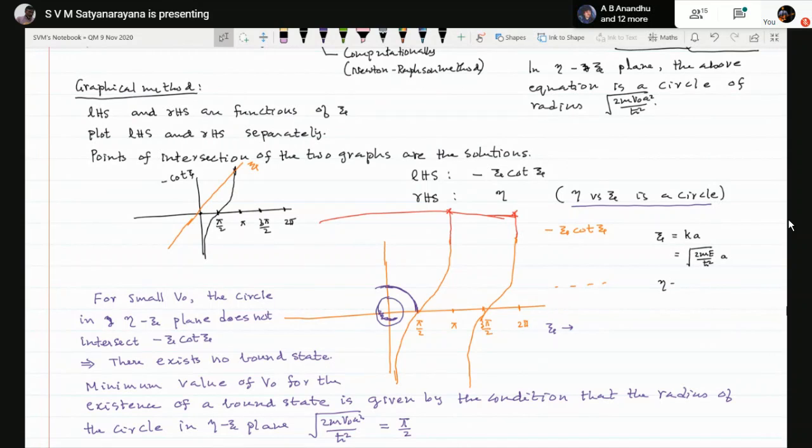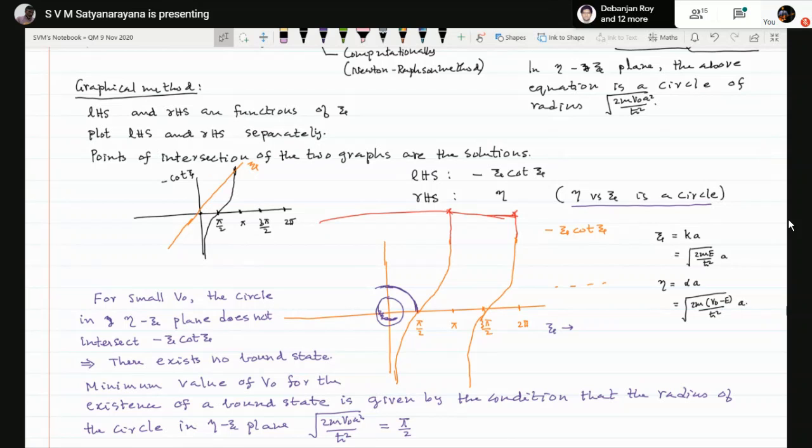And eta is equal to alpha times a, did I use alpha? Yes, alpha. So that's equal to square root of twice m into V naught minus E divided by h bar square into a.